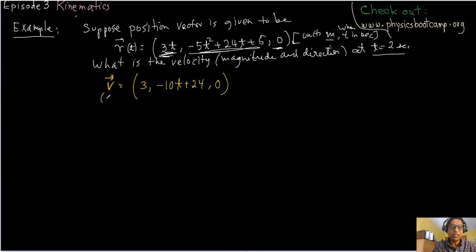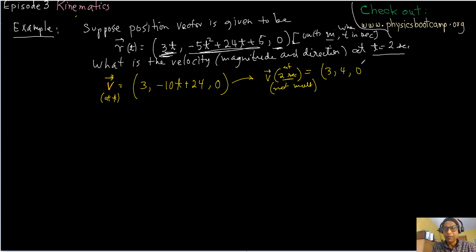And so this is at time t. So I want to evaluate that as velocity at 2 seconds. Not multiplication, okay? It's just at this point. So just t equals 2, I put it here. And so I get this remains 3, and this becomes 5 and 0.